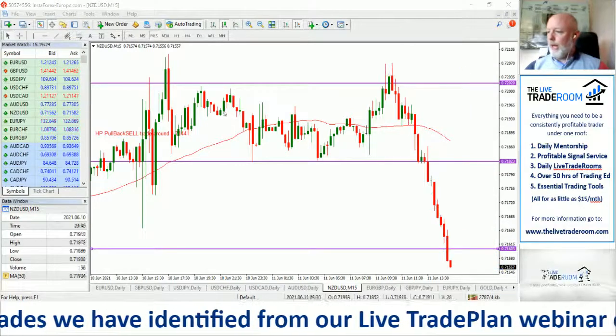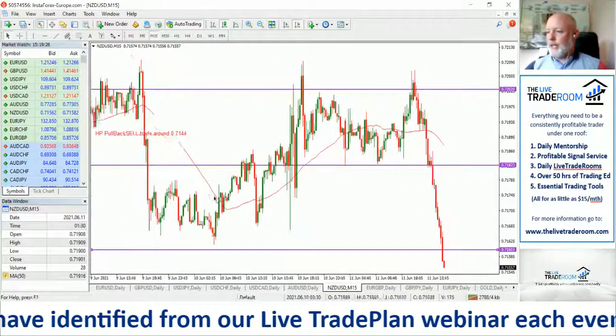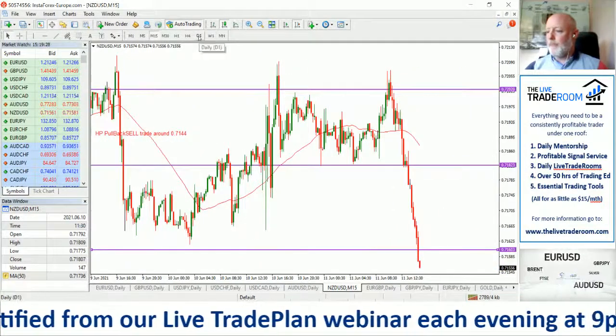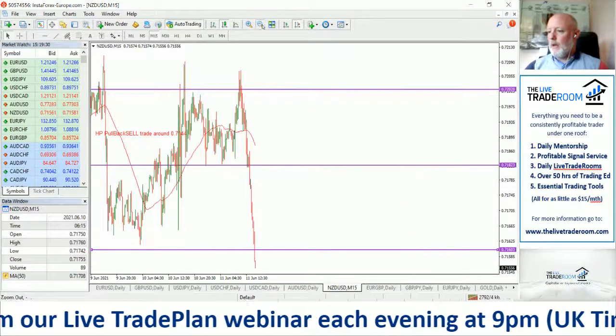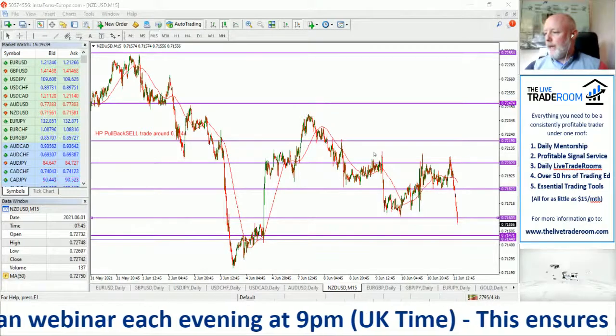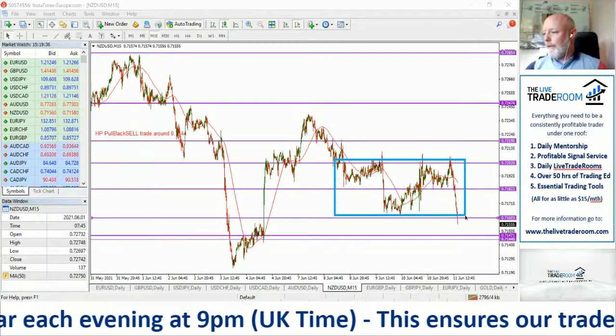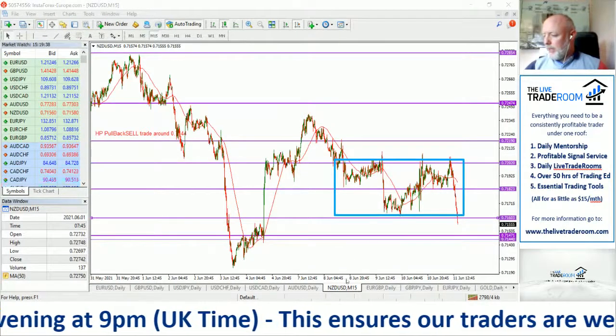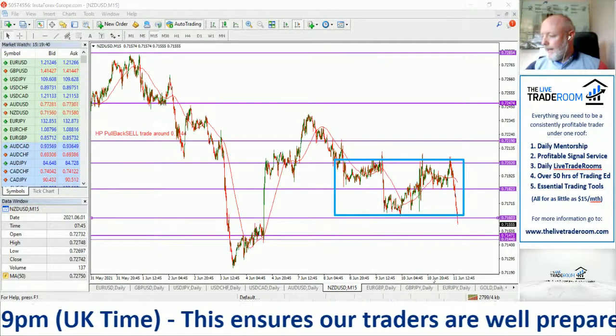What we've been talking a little bit about recently is the fact that this market has been in kind of a sideways range now for, we can probably say, 5 days.